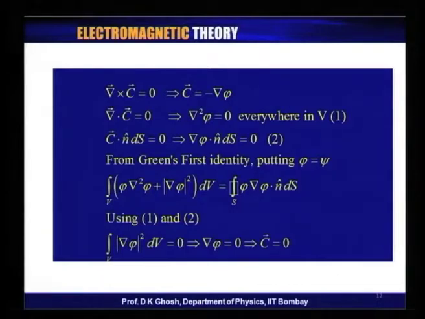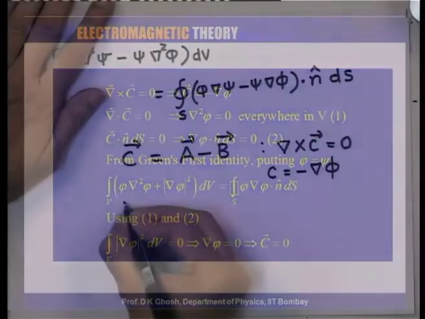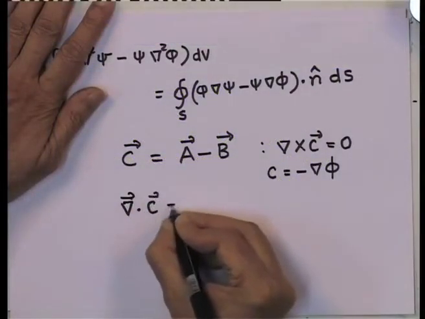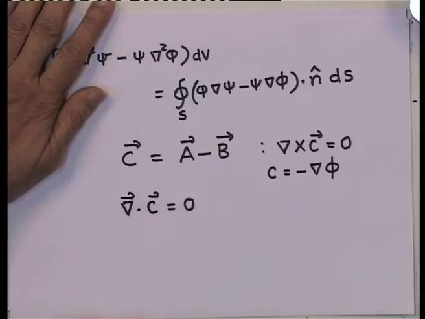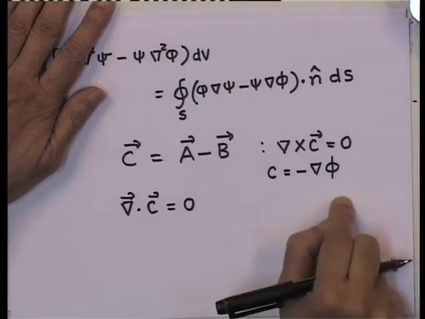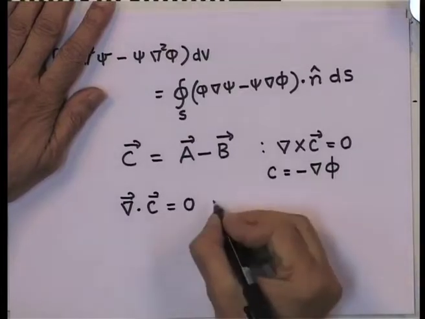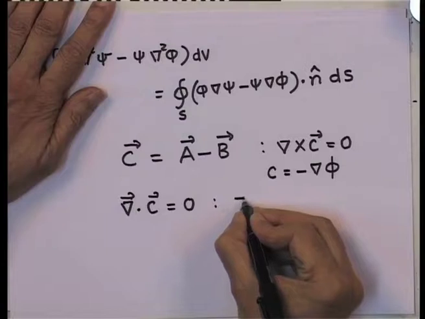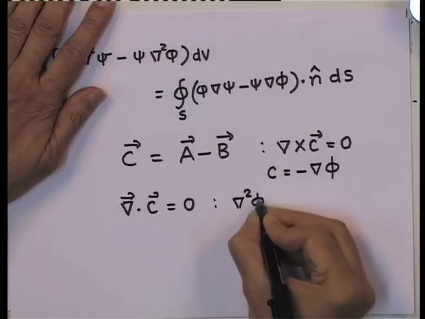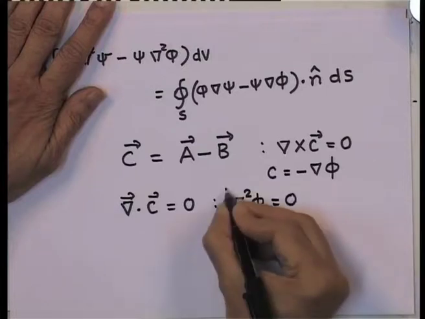So, that tells me that C is such that del dot C must be equal to 0. But we have just now seen that C is the gradient of a scalar function. So, what it tells me is that del dot del phi, so del square phi, must be equal to 0 everywhere in that volume.